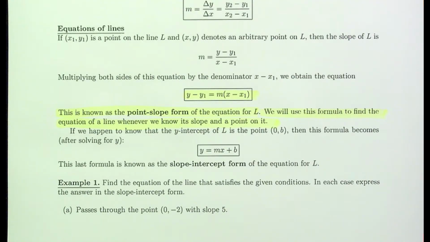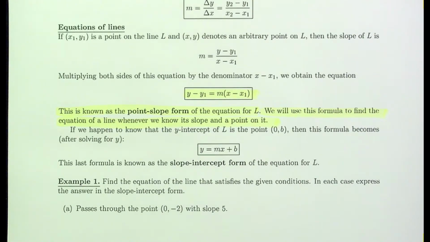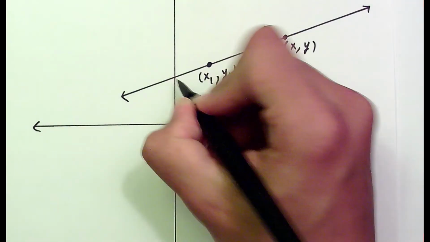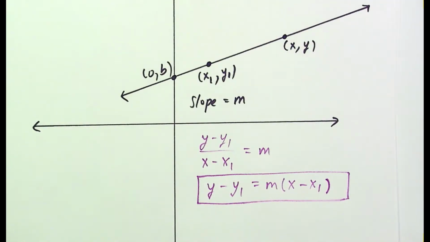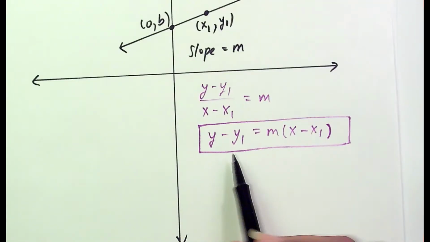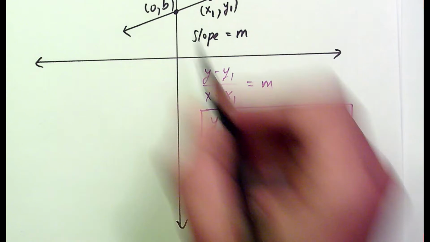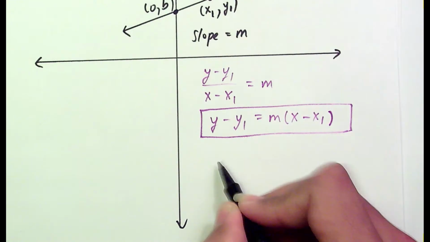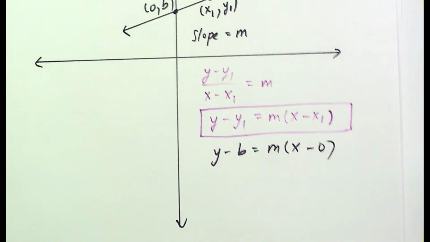Now, if you happen to know that the y-intercept of the line is the point (0, b), so let's say, for example, that we happen to know the y-intercept, which is the coordinates of that point, let's say the coordinates are (0, b), then using this formula, but instead of using x1, y1, we use 0 for the x1 and then b for the y1, we would get that y minus b equals m times (x minus 0).